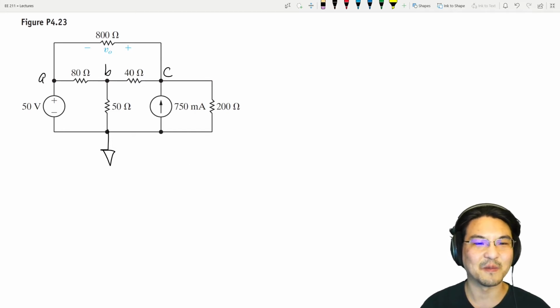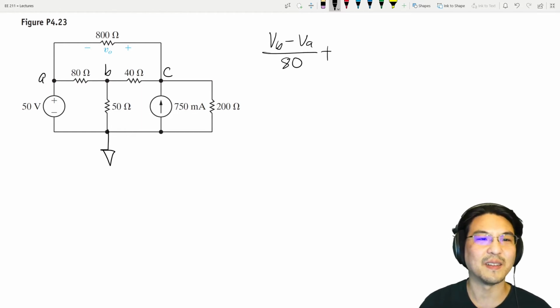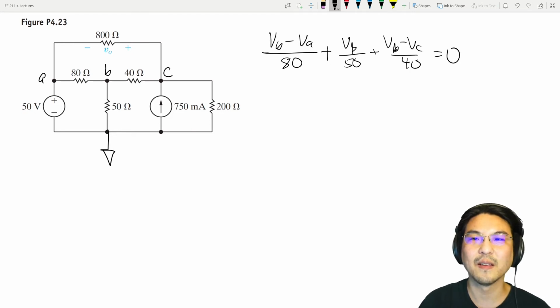So let me just write those out quick. So at node B, let's do KCL, VB minus VA, which we know is 50, over 80. Now going this way, VB over 50. Now over here, VB minus VC over 40. Okay, now node C, KCL, let's go up.